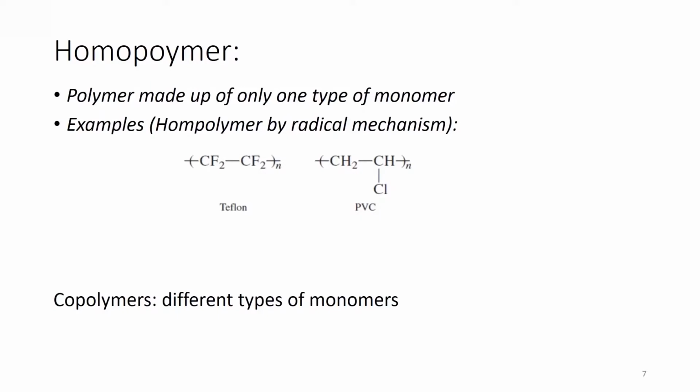If we have different types of monomers coming together, we will name my polymer a copolymer. For the homopolymer, here I have two examples, Teflon and PVC. You could see the repeating units, and it can be synthesized using the radical mechanism.